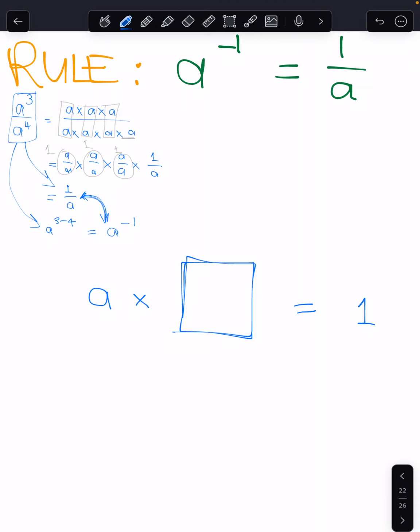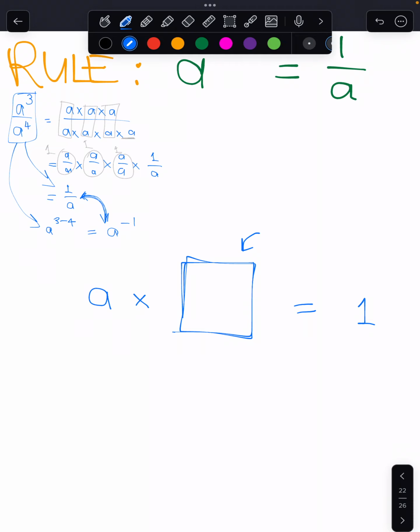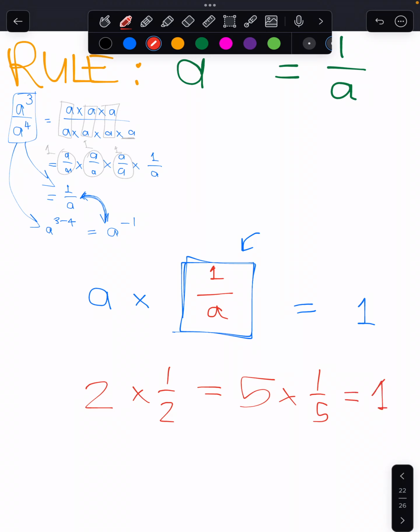So what could this thing be? From our knowledge of fractions and reciprocals, we know that this expression would be 1 over a. If you have 2 and you times it with a half, you end up with 1. Or if you have 5 and you times it by a fifth, you end up with 1. So the same logic applies over here.